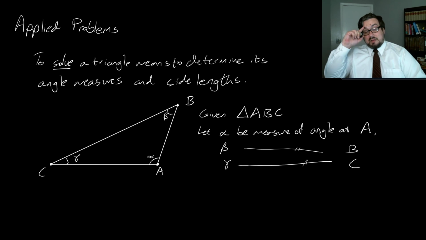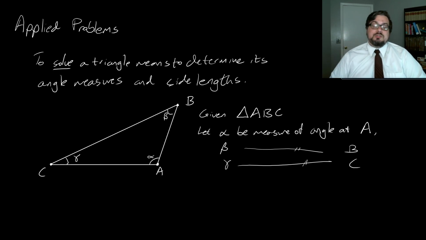And it's very common in trigonometry to use lowercase Greek letters to stand for the measures of angles in your problem. So a lot of times these problems will refer to alpha, beta, and gamma, and these correspond to the three angles of your triangle.